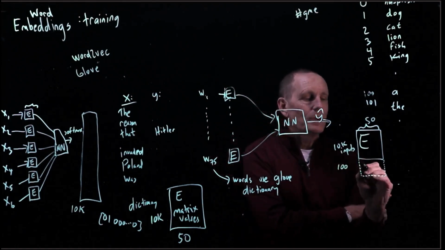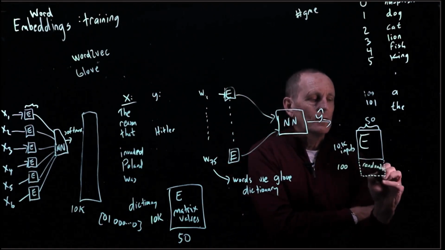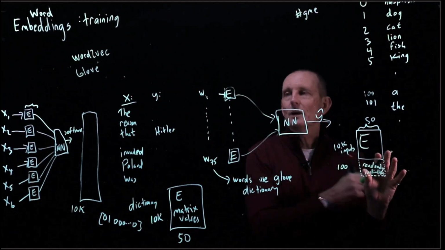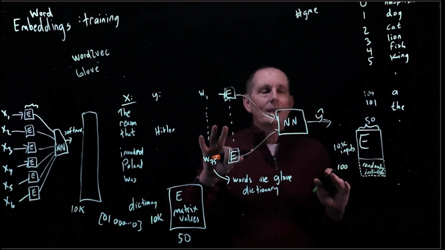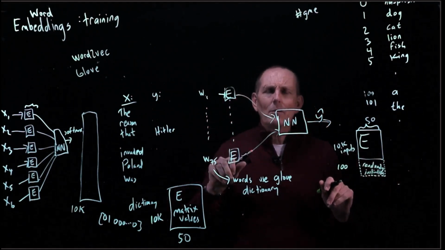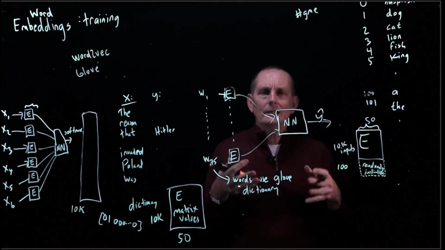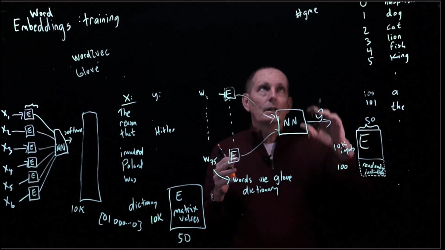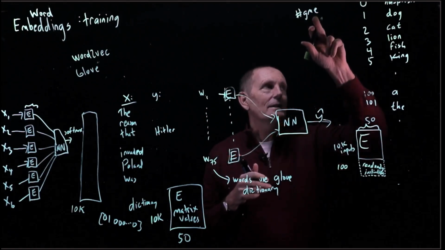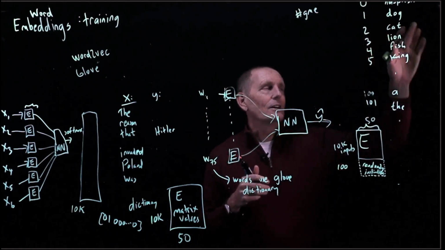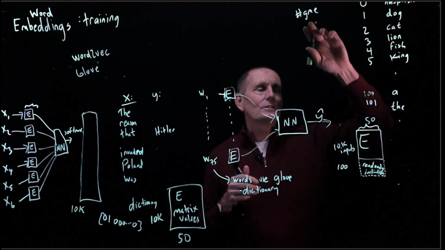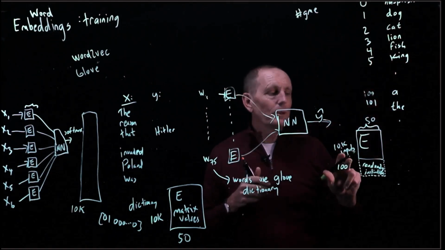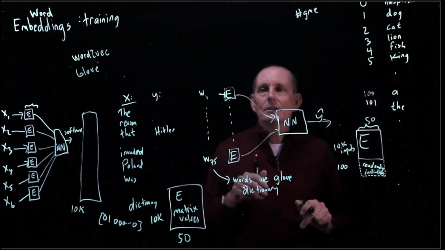And then we randomly initialize these weights, we put them in here, and then what do we do? Well, what we probably do would be train. And of course, something like this word that wasn't part of the dictionary, we would go ahead and map into one of these values.